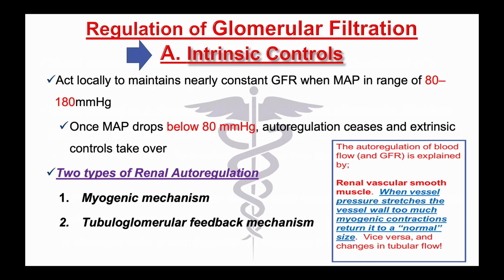Now, regulation of glomerular filtration: one is intrinsic control. There are two types of autoregulation. One is the myogenic mechanism, and another is the tubuloglomerular feedback mechanism. So these are the two mechanisms by which intrinsic control is maintained.